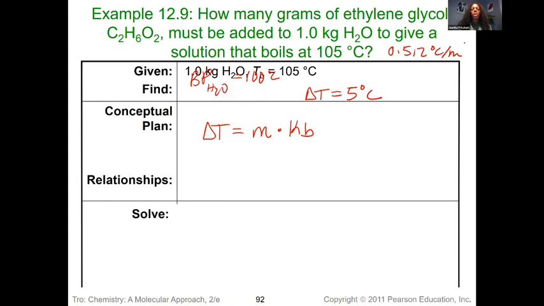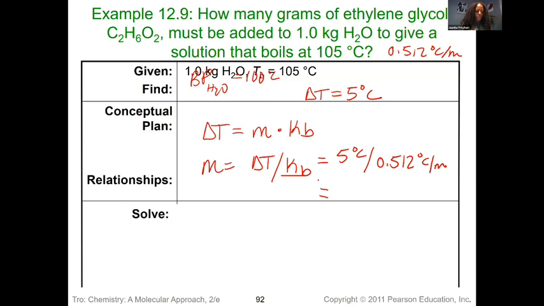Okay, so we can now plug in and say our molality would be equal to our change in temperature divided by our Kb value. So that would be 5 degrees Celsius divided by 0.512 degrees Celsius per molality. That is 5 divided by 0.512, and that gives us 9.77 molality.